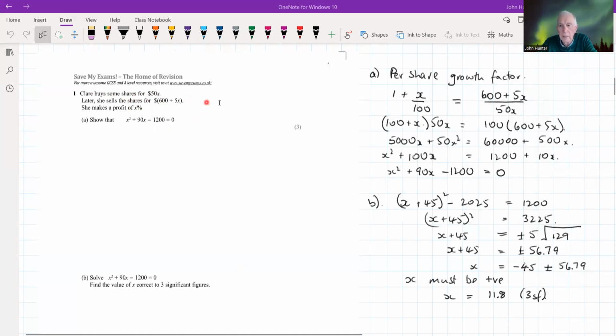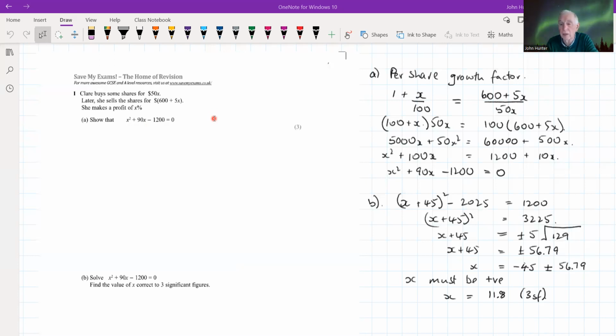What we need to be thinking about is the growth factor. If we're investing some money in a bank at 3%, then the growth factor would be the value of the money at the end of the period divided by the value of the money that goes in.